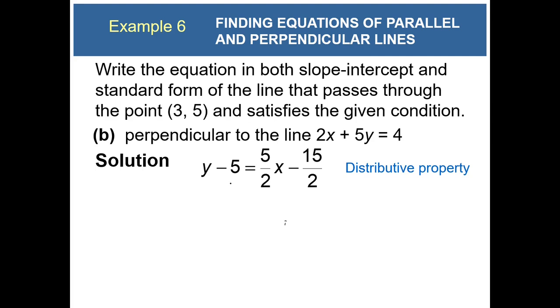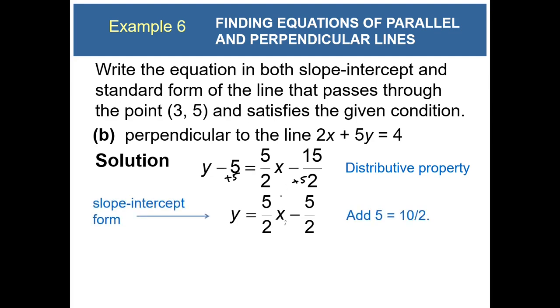And we can simplify this by adding the 5 to both sides of the equation. That reduces to y equals 5/2 x minus 5/2. I can now multiply everything by 2 to get rid of the fractions. So now we have 2y equals 5x minus 5.